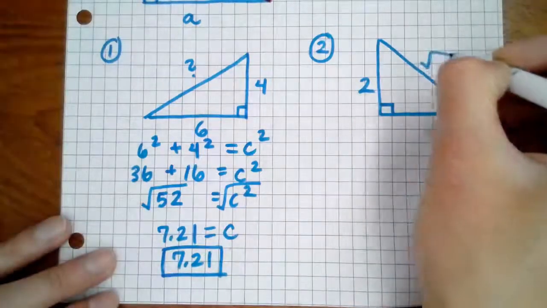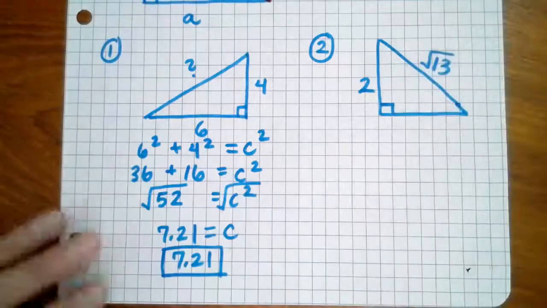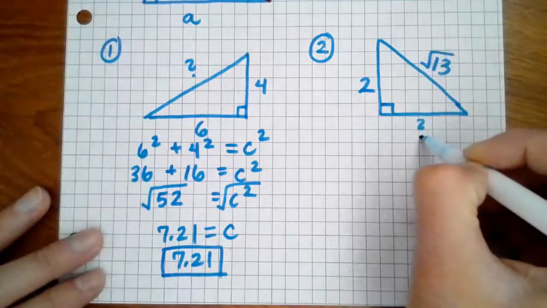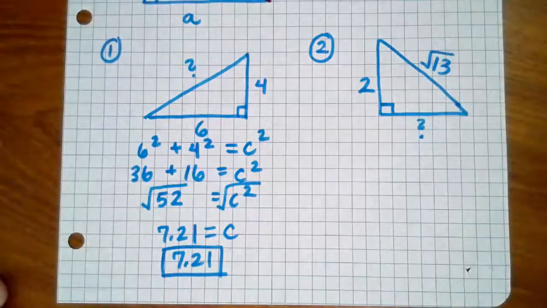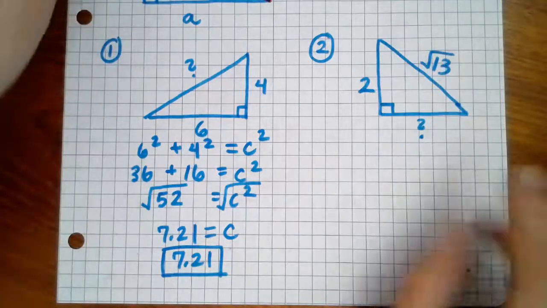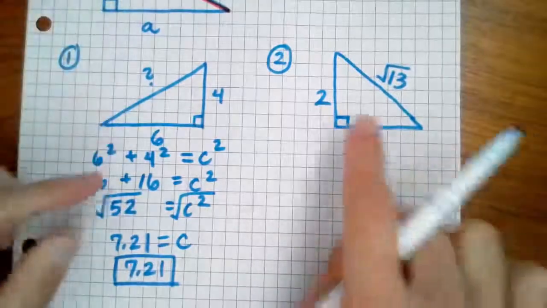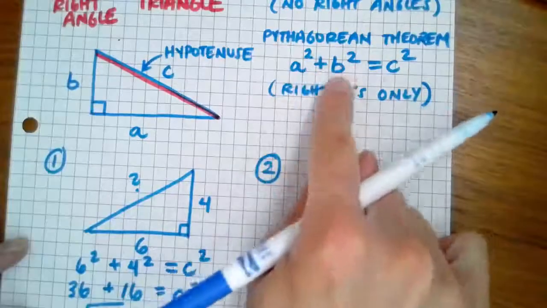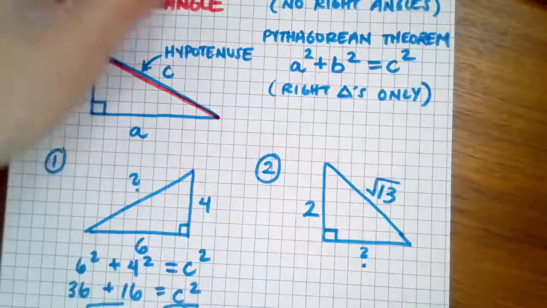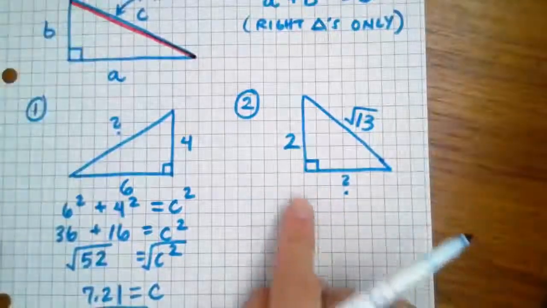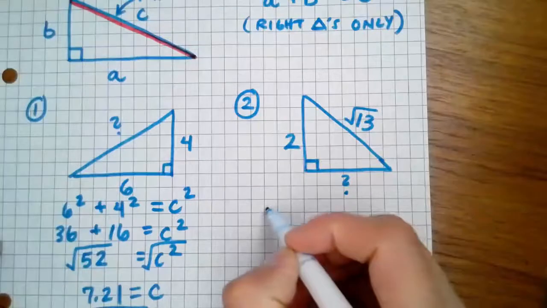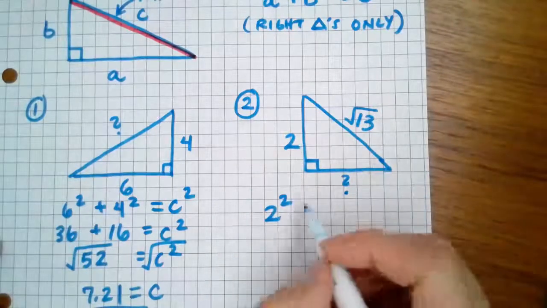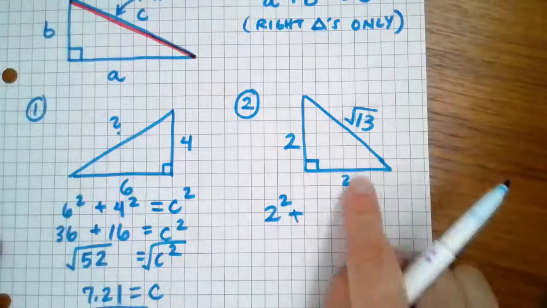The length of the hypotenuse is going to be square root of 13, and then we're trying to figure out the length of this missing leg. It's a right triangle, so we can use the Pythagorean theorem. Leg squared plus leg squared equals hypotenuse squared. So one of the legs is square root of 2 squared, and then plus we have this missing leg length here.